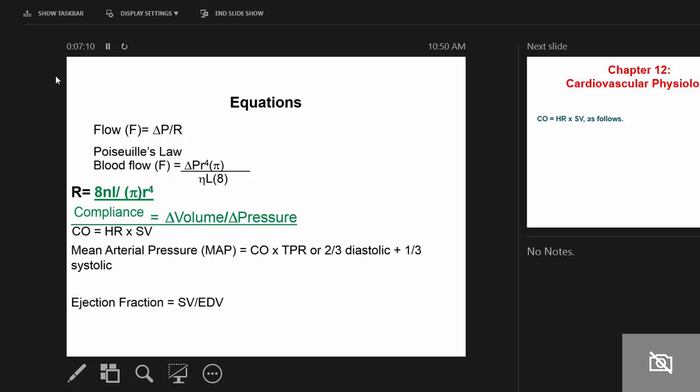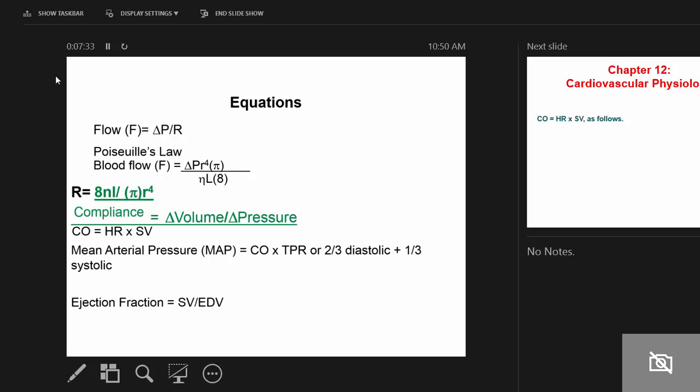And the reason that you're multiplying this one versus this one by 2/3 and 1/3 is because of your heart. Systole is the active compression of your heart. It's when your heart is physically pumping. Diastole is when your heart is filling, when it is resting.